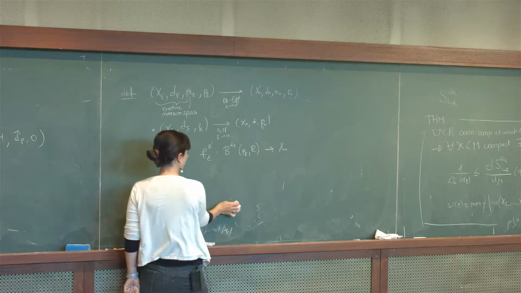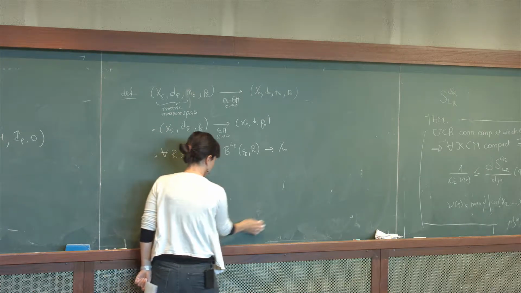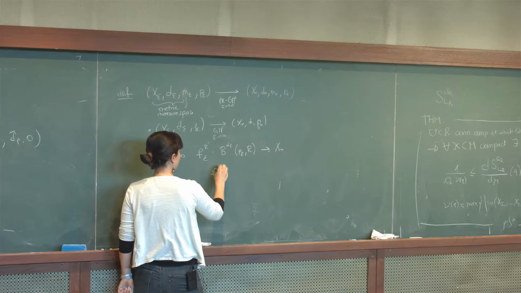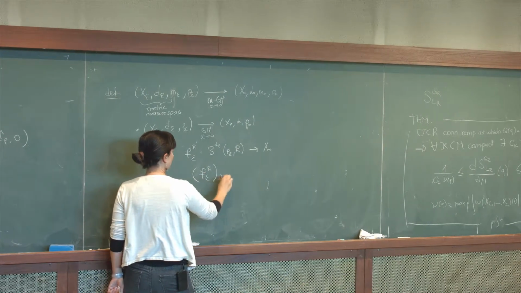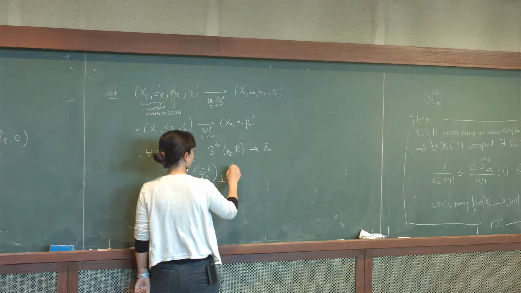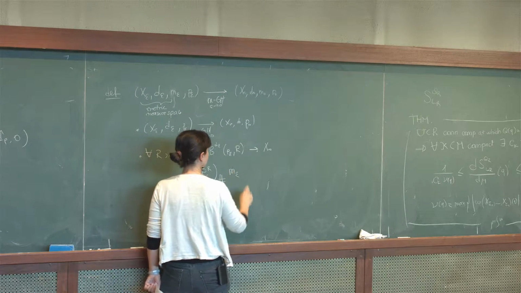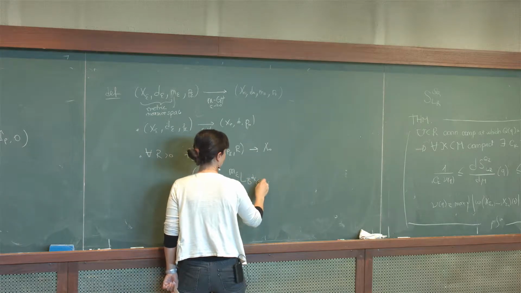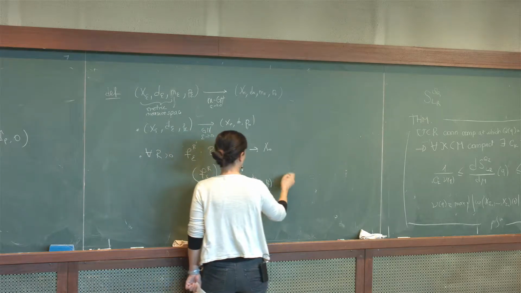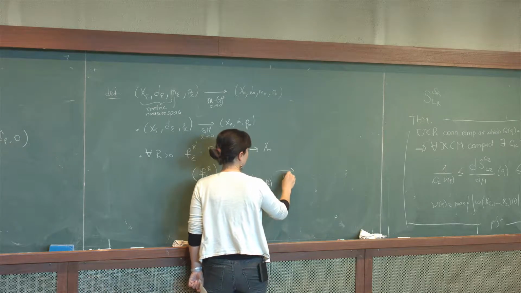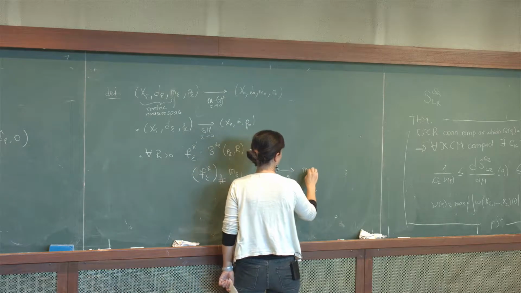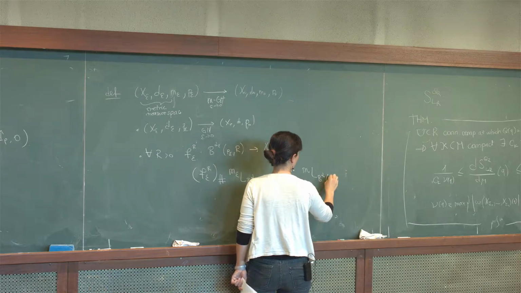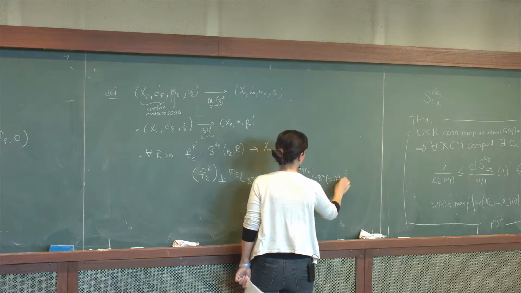And the weak convergence of measures is the following: the push forward by f_epsilon,r of the measure m_epsilon restricted to the ball weakly converges to m_0 restricted to the ball in the limit space.